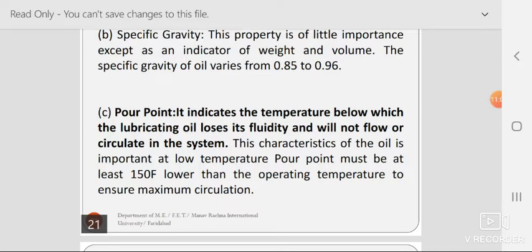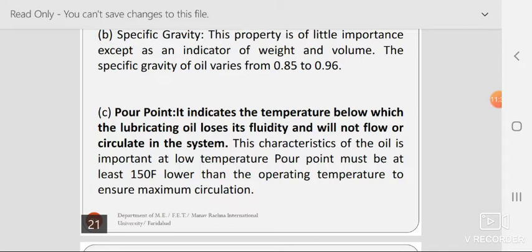Pour point must be at a temperature 150 degrees Fahrenheit lower than the operating temperature. What is the minimum operating temperature? From that, another 150 degrees Fahrenheit it should be less to ensure maximum circulation. To make the circulation maximum, it should be working at a temperature 150 degrees Fahrenheit lower than the operating temperature.